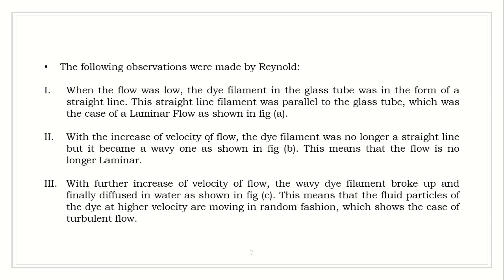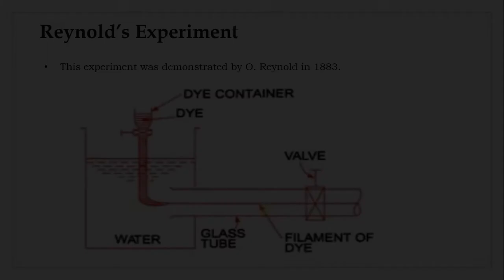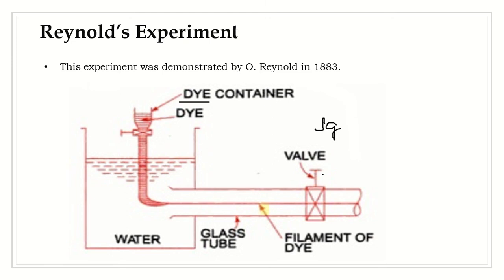When the velocity of flow was very low, meaning when the valve was slowly opened, when the velocity of the water and the dye was slow, he observed that the dye filament was traveling in the form of a straight line. It means the dye filament particles and the water particles were moving in a straight line, according to streamlines.